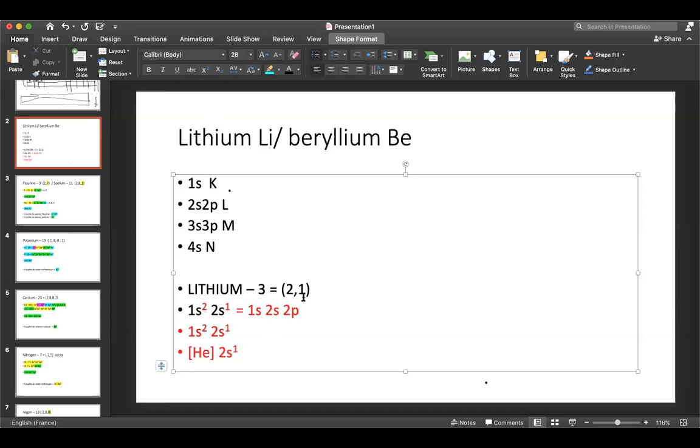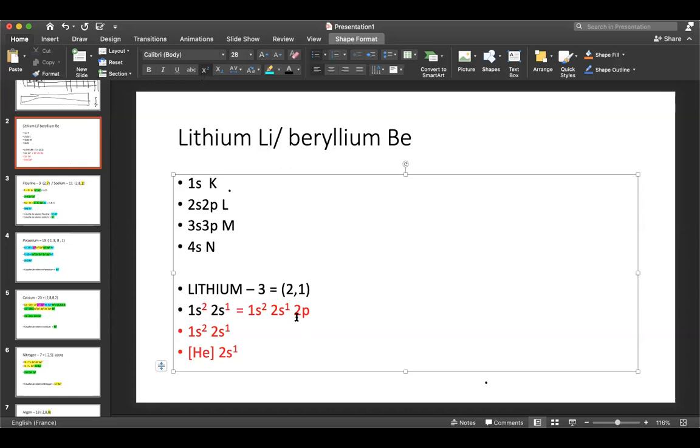Now, how many electrons are occupied by the s orbital? Maximum, it's 2 electrons. So we are going to fill in the 1s orbital with 2 electrons. Then the 2s orbital is also supposed to be occupied by a maximum of 2, but in our case, we have already exhausted 2, and there's only 1 remaining. And therefore, we are going to have a 1.